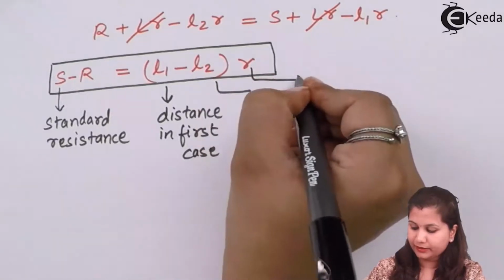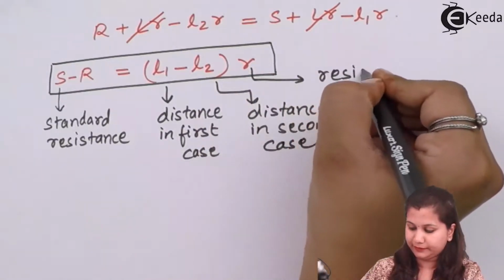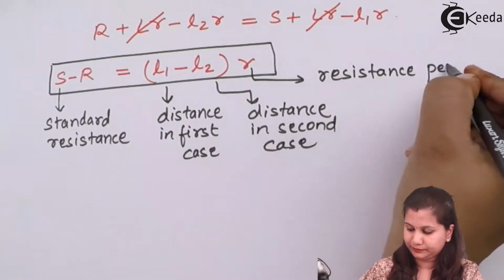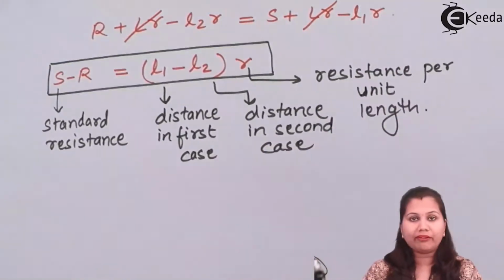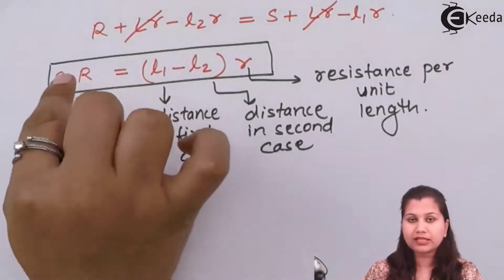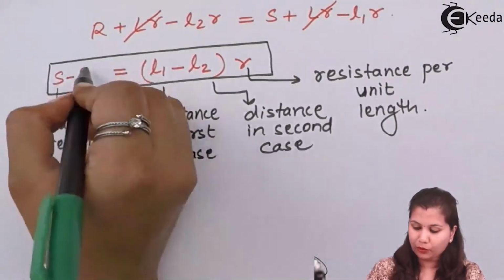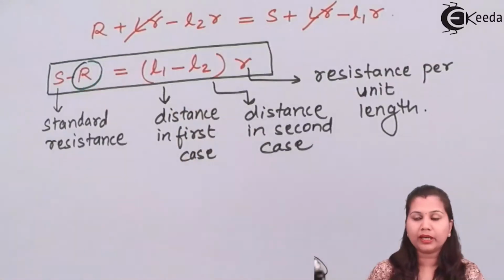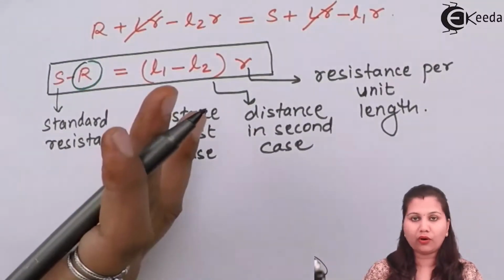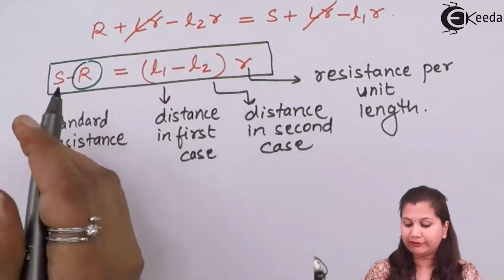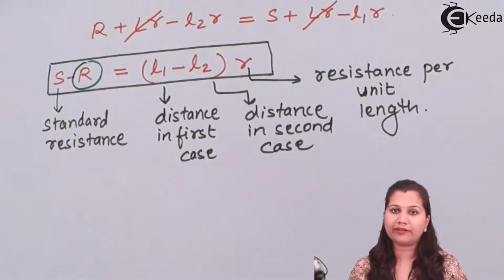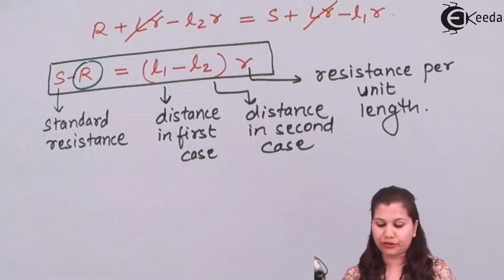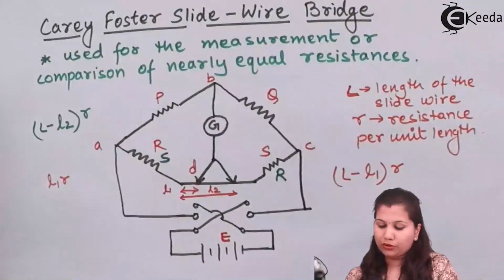And R is the resistance per unit length. So we can find out this unknown resistance R with the help of all these variables. We are going to put the value for all these variables in this formula and we can easily find out the unknown resistance using the Carey-Foster slide wire bridge.